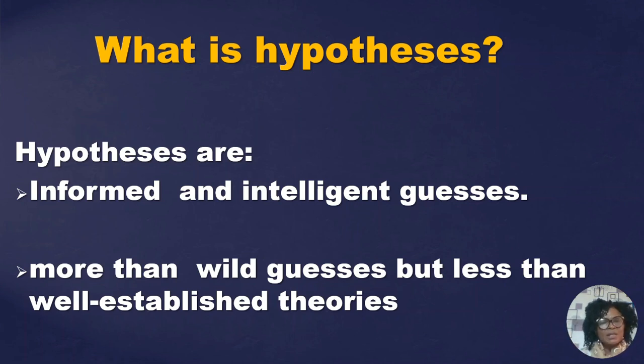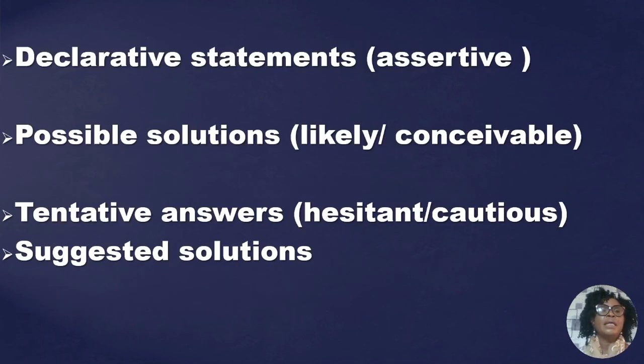You need to look up plausible information, guess. It's not just a guess, but a very intelligent, very informed one. We say it is more than wide guesses, like some people say. It's not wide. We say it's an intelligent, informed one, but less than a well-established theory.